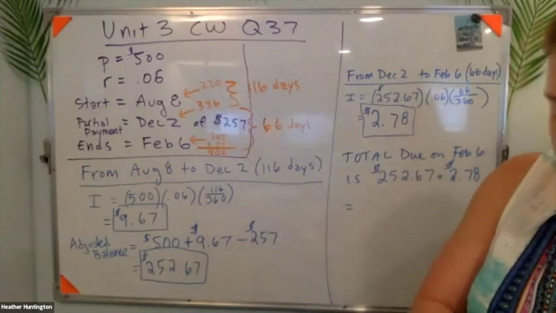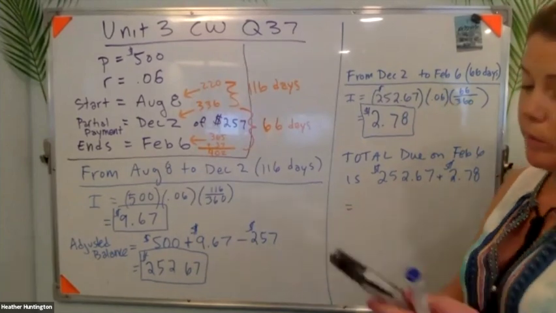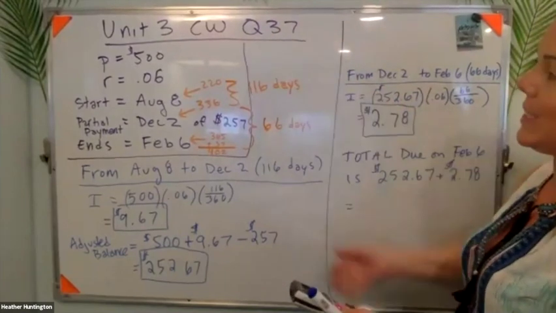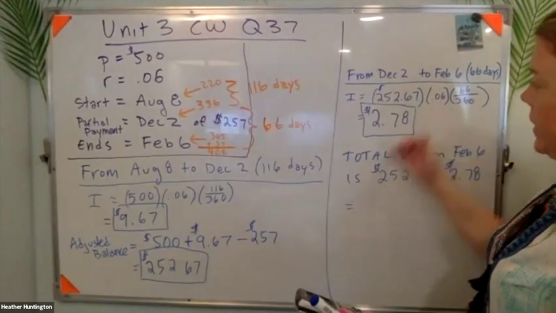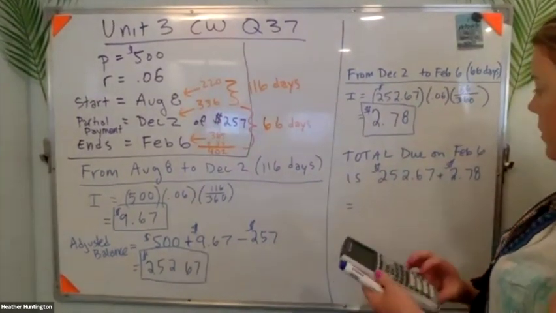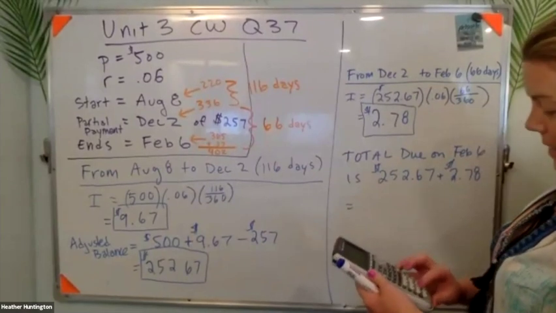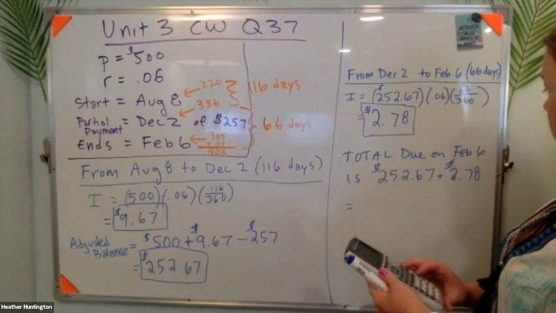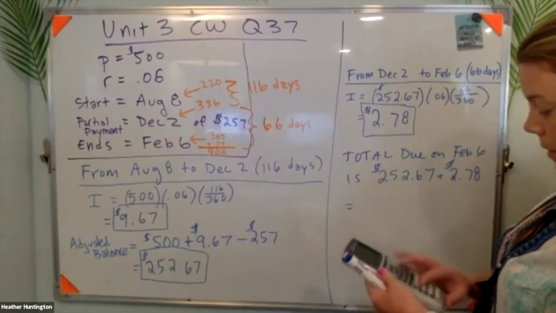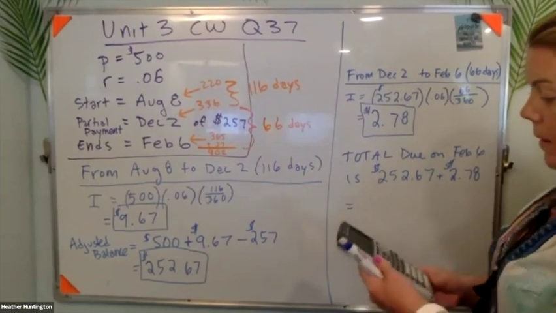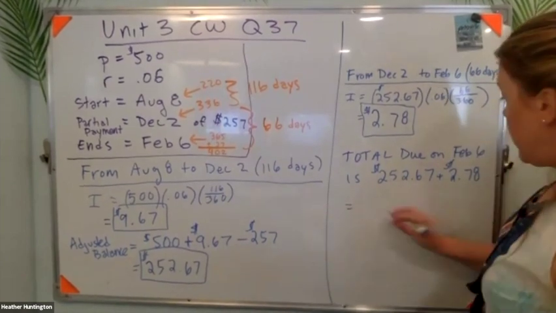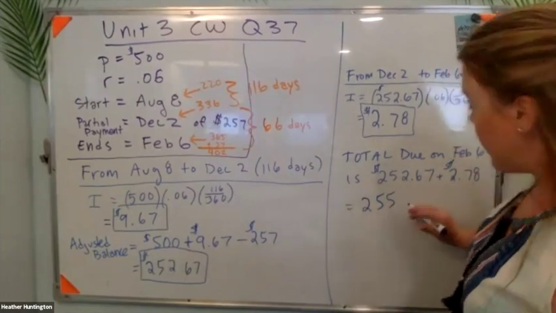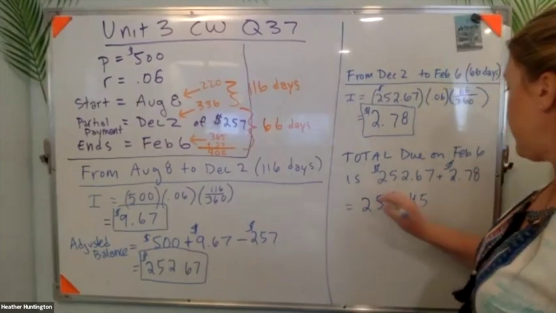But we're just practicing with these problems that have, in this case, small numbers. But if you're talking about $500 million, then these numbers are going to be a lot higher, and it's going to matter more if you're saving on interest or not. Okay, so the total due looks like it's $255.45.